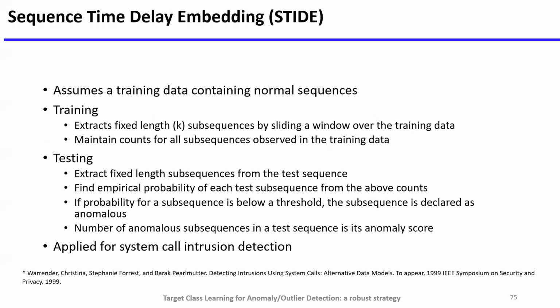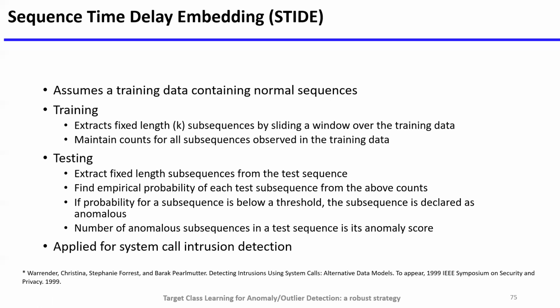Since it is sequential data analysis, there is one method which we call sequential time delay embedding. Here we assume that data is coming from normal sequences, and we identify subparts of the sequence, subsequences, by the sliding window concept, and then we learn the data for each of these sliding windows.